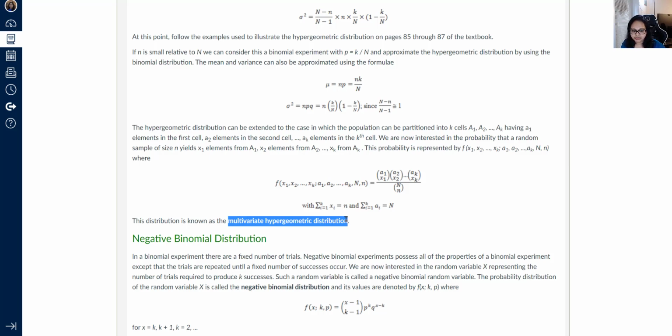Then you can see that we would have the multivariate hypergeometric distribution. The partitions are happening in the outcome, based on how many successes we have, but the total population size and total number of samples are the same.